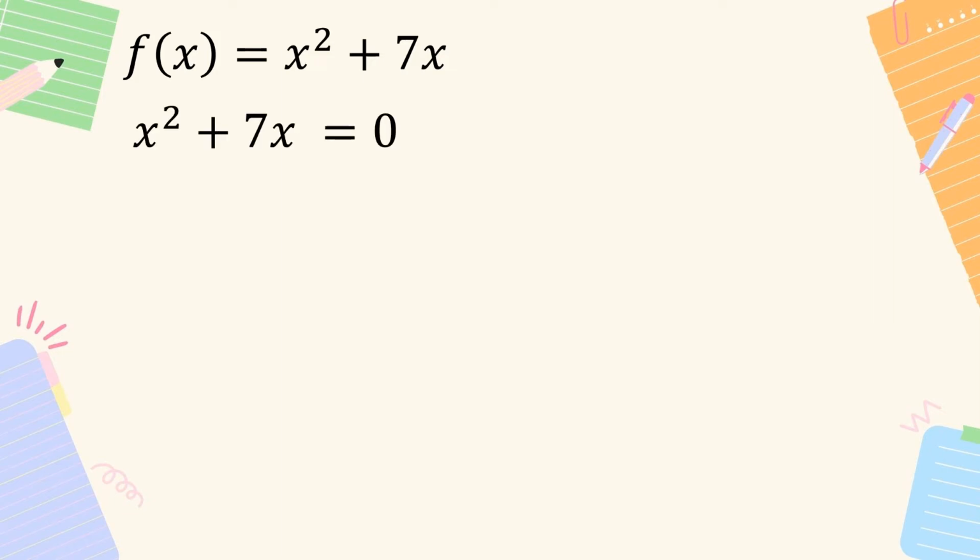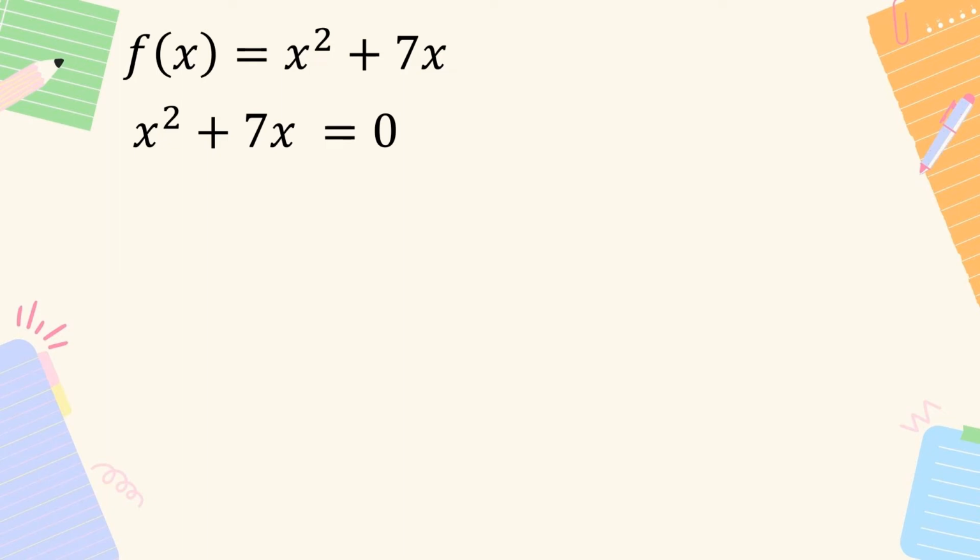Example, f of x is equal to x squared plus 7x. So we change f of x to 0. Our equation in its standard form is x squared plus 7x equals 0. X squared plus 7x can be factored, and we are going to use common monomial factor.